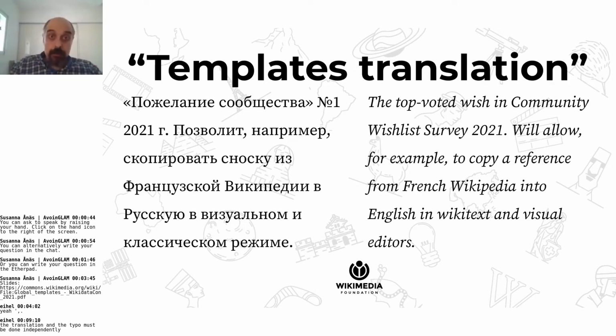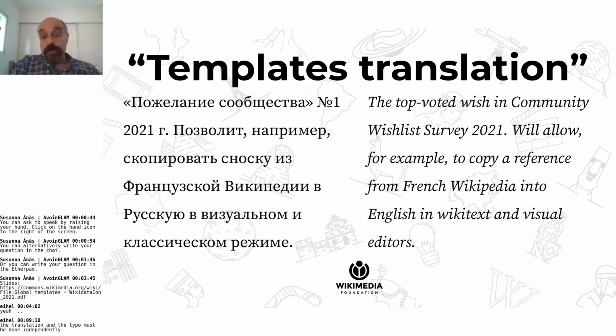Another related project, which is in early stages, not even development but more like research, is called "template translation". I put it in quotes because it's not a very good name. It would be better to call it template adaptation. That is the number one wish in the last Community Wishlist vote.